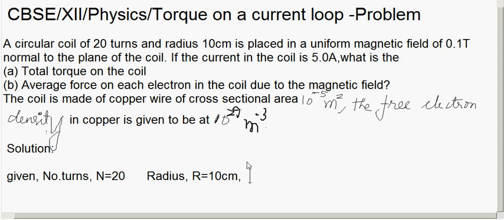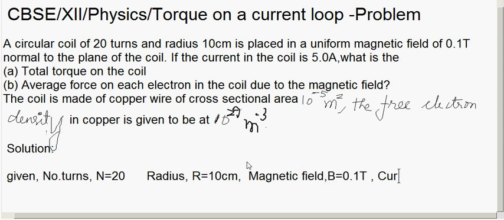Also the magnetic field B is 0.1 Tesla. Also given, the direction of the magnetic field is normal to the plane of the coil. That means the area vector and the magnetic field are in the same direction.